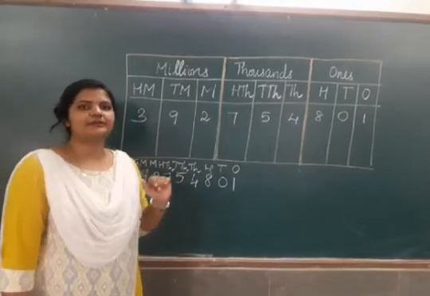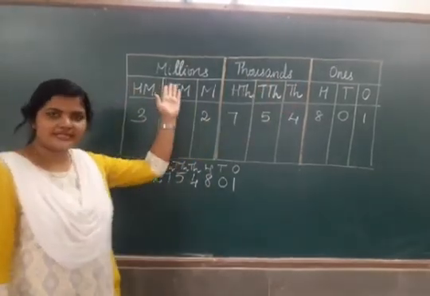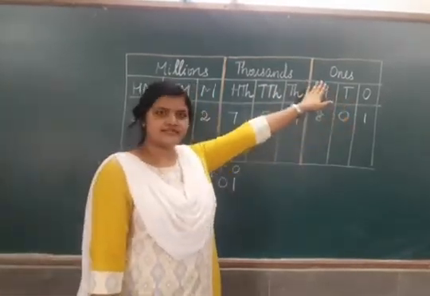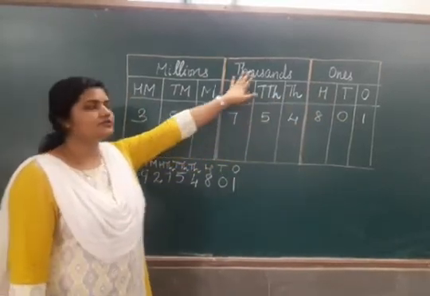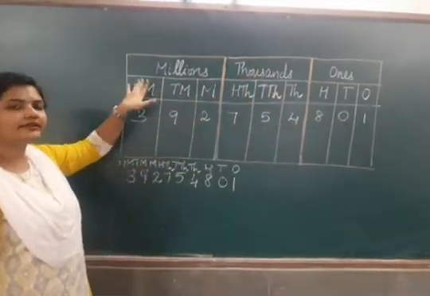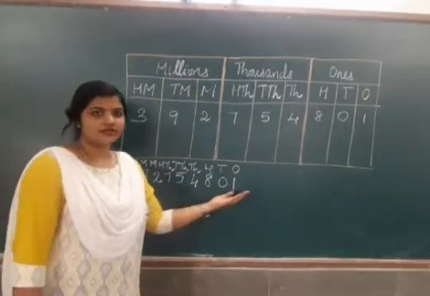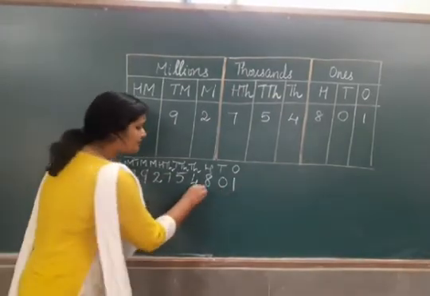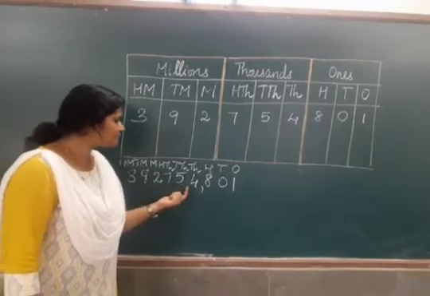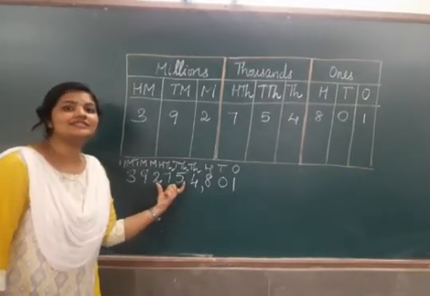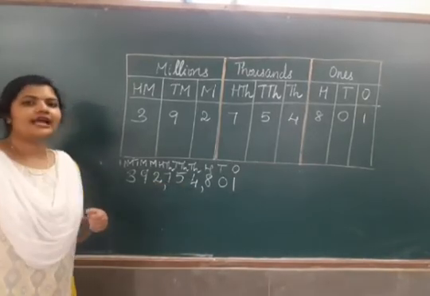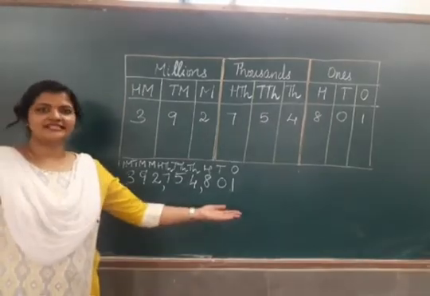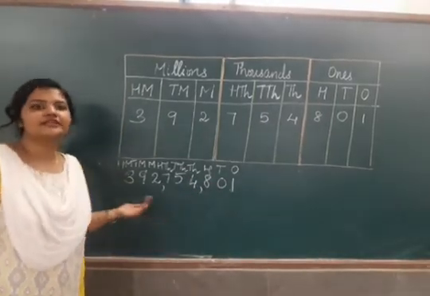We have 3 periods mainly, that is ones, thousands and millions, and 3 places in each period. So first let's start from the ones place. Grouping ones, tens and hundreds, that is the ones period, put a comma. Then grouping 1,000s, 10,000s and 100,000s, that is the thousands period, put a comma, and then we have millions, 10 millions and 100 millions. You can see that in each period you have 3 digits.